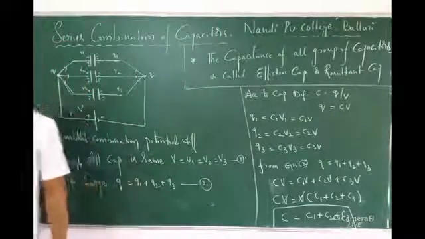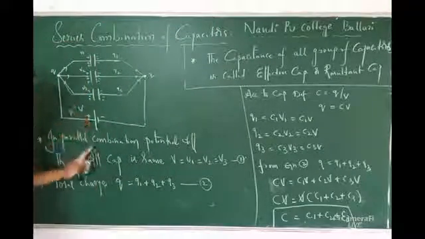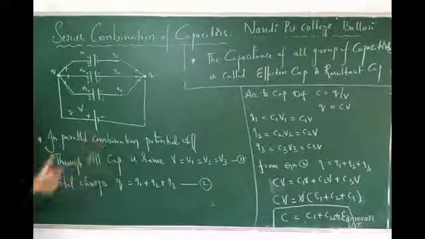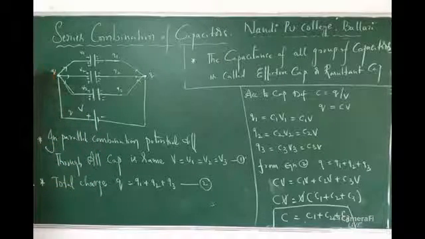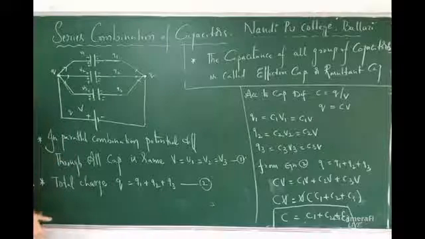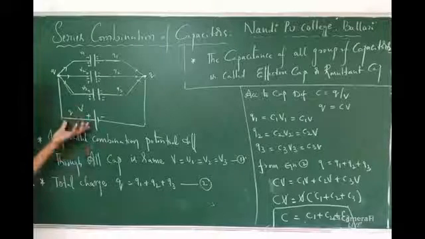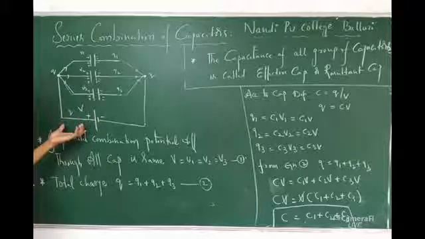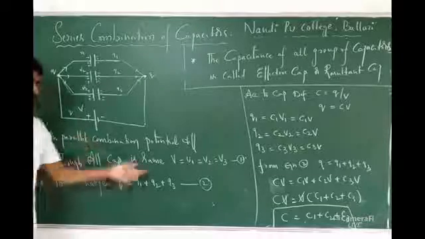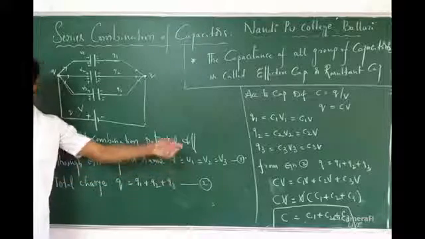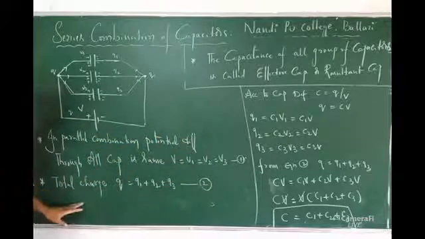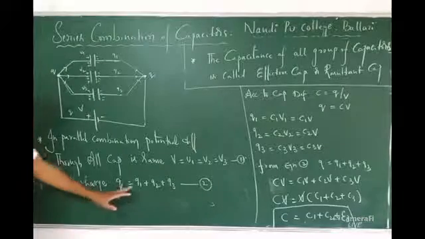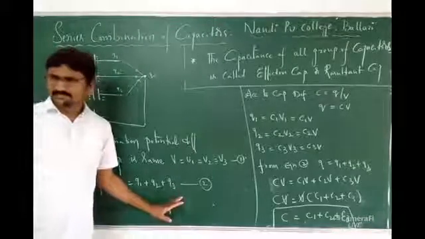Okay, students, see the diagram, these two points are the only important ones in the two derivations. The remaining process is substitution only. In parallel combination, potential difference V is equal to V1 equals V2 equals V3. The same situation, total charge Q is equal to Q1 plus Q2 plus Q3.